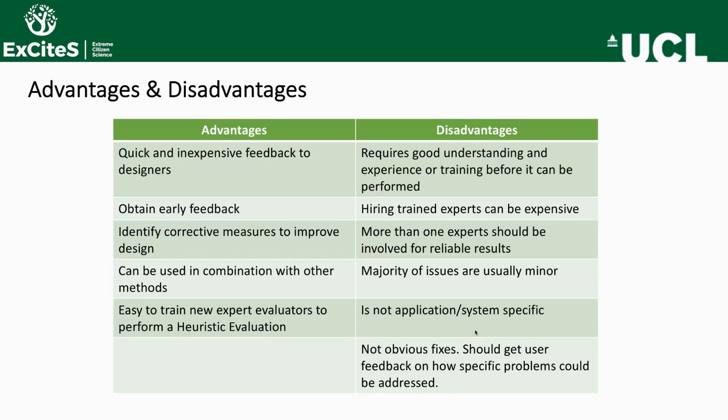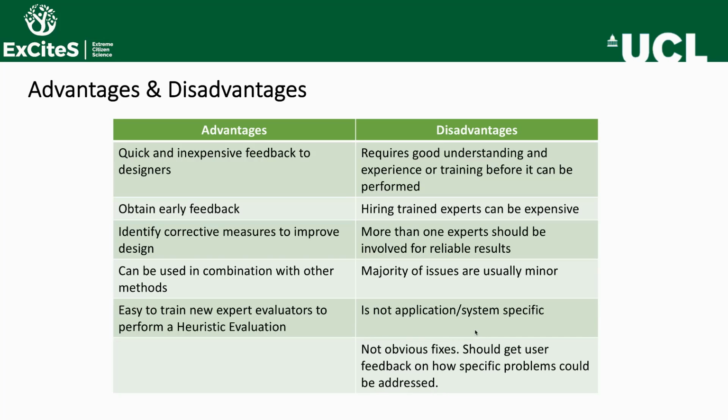On the other hand, the method requires a good understanding and experience, or as we saw, training before it can be performed. Hiring usability experts to do a heuristic evaluation can be quite expensive. More than one expert should be involved in order to obtain reliable results. The majority of the issues that you usually identify with heuristic evaluation are minor.